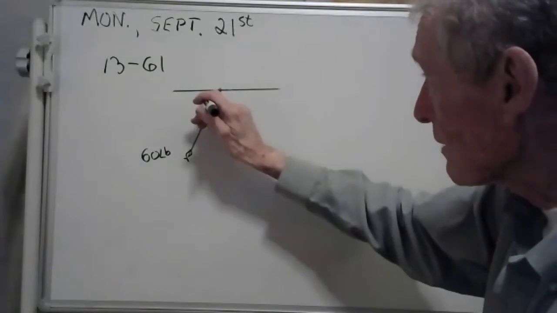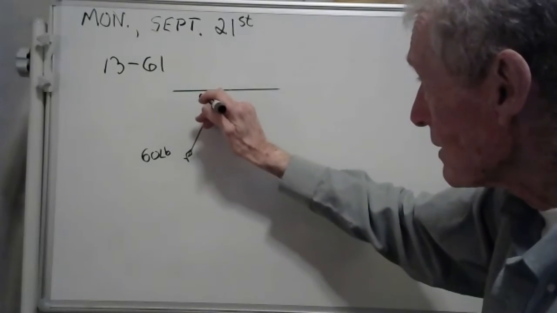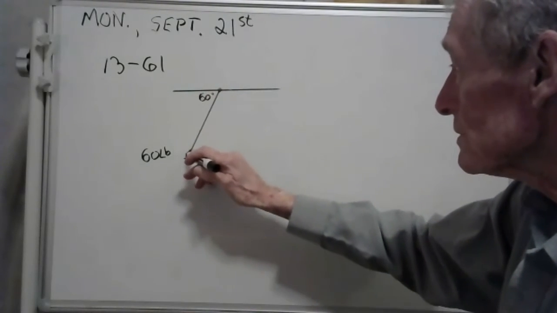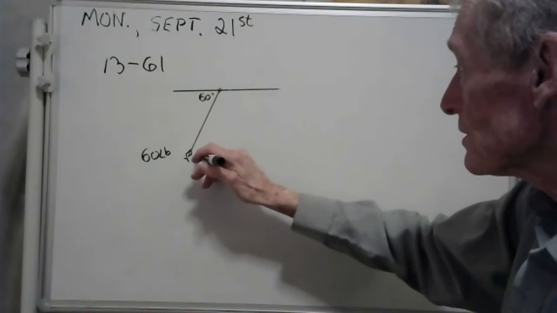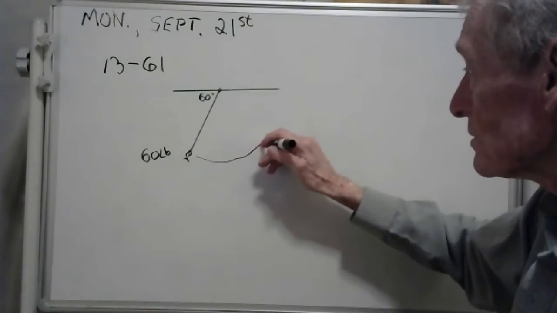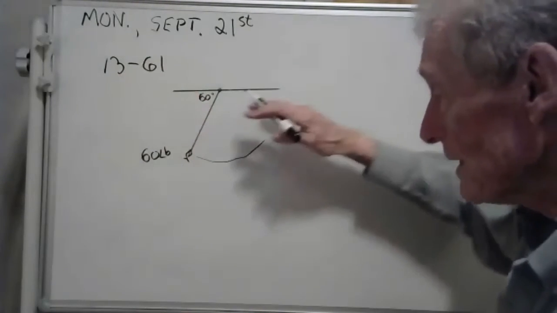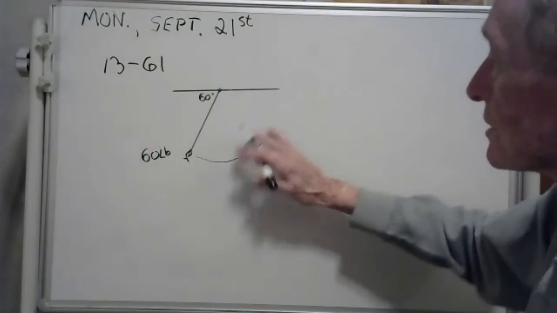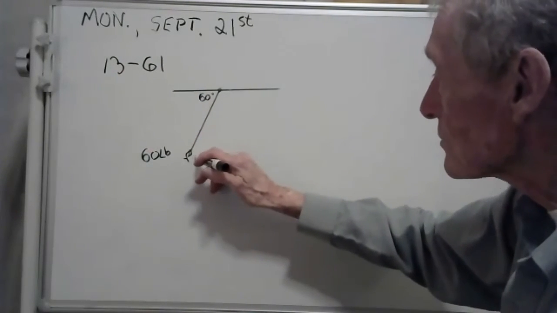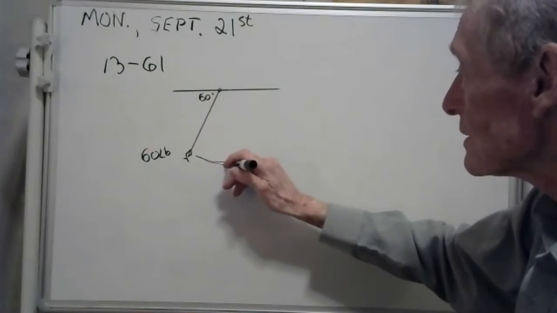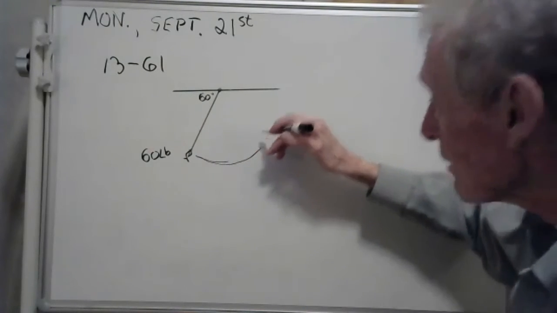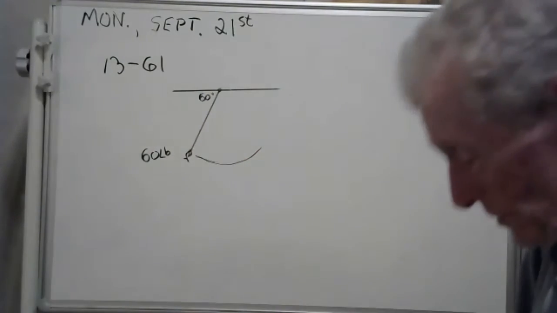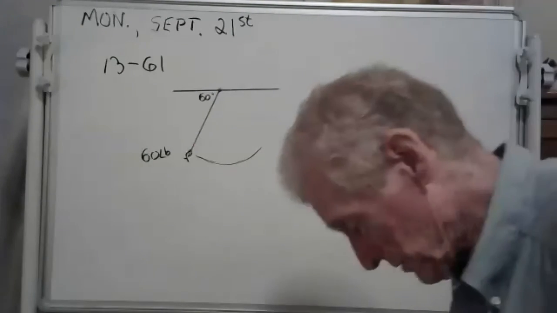So this angle happens to be 60 degrees right now. But you know what? He's going to do that, isn't he? He comes up here, he stops, and then he swings down here, and then he'll stop, and then he'll swing back and forth. Okay, that's what he's going to do. 60 pounds.